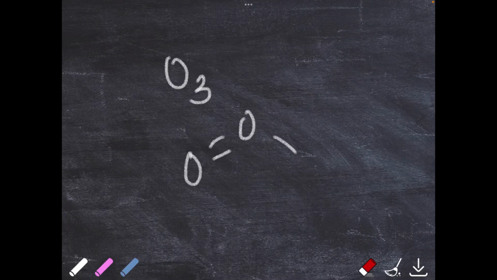But supposing, let's say, I have a molecule of ozone, and I want to find the charge on one particular oxygen atom. So what is the charge present on an individual atom? That is called formal charge.